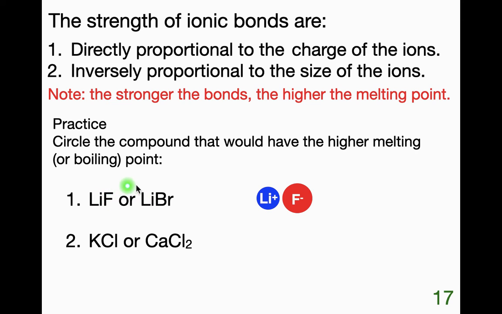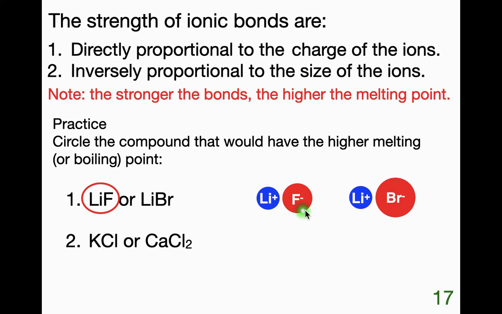The only thing that will change is whether fluoride or bromide forms a stronger bond with lithium. Fluorine is above bromine on the periodic table, and they both have a -1 charge. So fluoride is going to be smaller than bromide, and so lithium fluoride will have a stronger bond because it's a smaller ion.